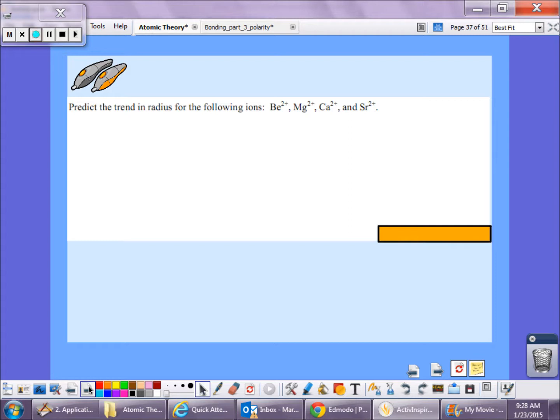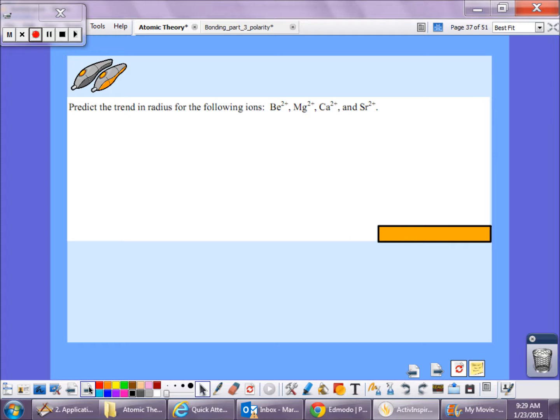But let me quickly tell you, for cations, because they are losing electrons, a cation is smaller than the parent atom because you lose electrons. For example, if I have beryllium and Be2+, Be2+ is smaller because it lost those last electrons in that last shell.